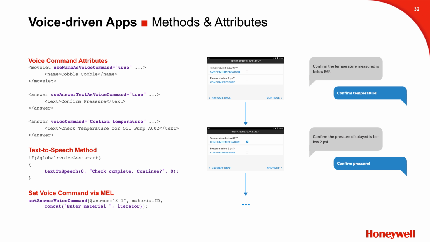So you can actually talk to the device, talk to Movilizer, and it's rather straightforward and simple to set up something like that. In this case, the user would have to prepare a replacement, and the application would ask them, confirm the temperature measured is below 86 degrees. And then by just saying confirm temperature, like you can see on the right, we set use answer text as voice command to true for this answer.